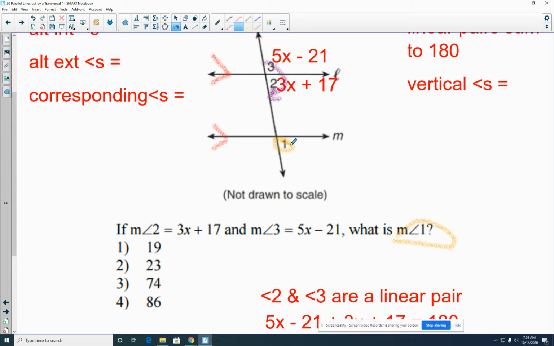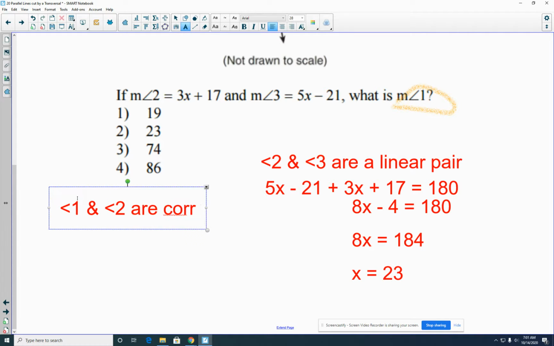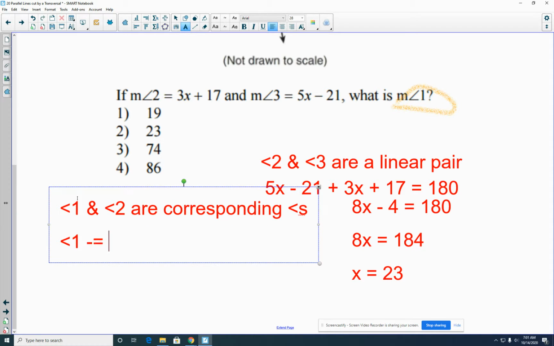Angle 1 is equal to angle 2. Angle 1 and angle 2 are corresponding angles. So now I know angle 1 and angle 2 are corresponding angles. That means that angle 1 equals angle 2.